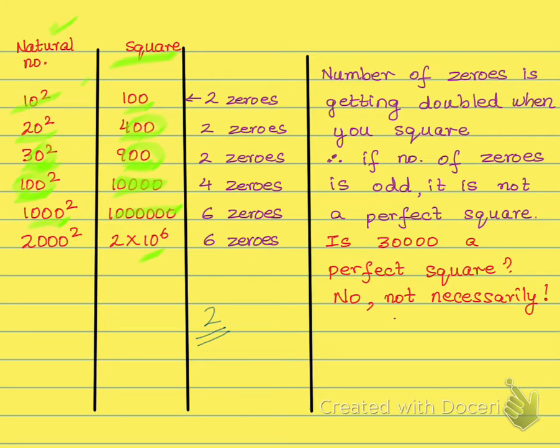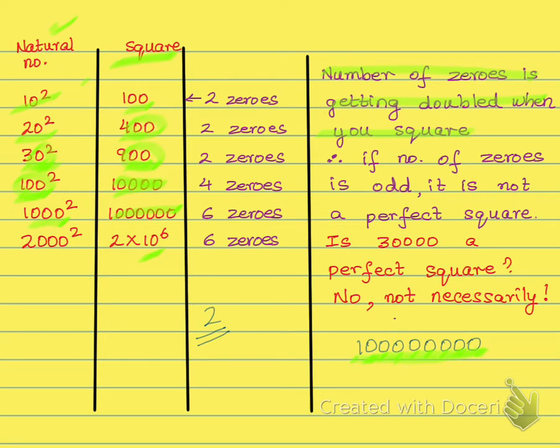And that is what we have written over here. The number of zeros is getting doubled when you square it, right? So let's take an example, I give you this number. This has got 1, 2, 3, 4, 5, 6, 7, 8 zeros.